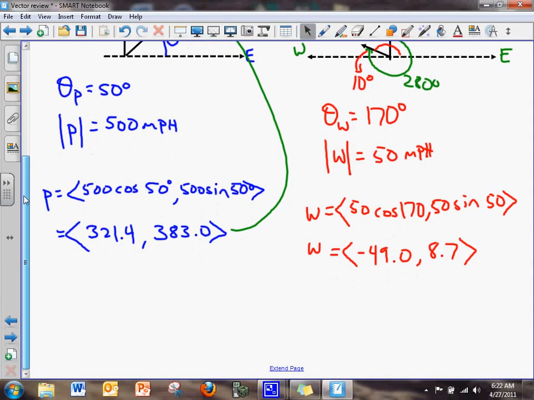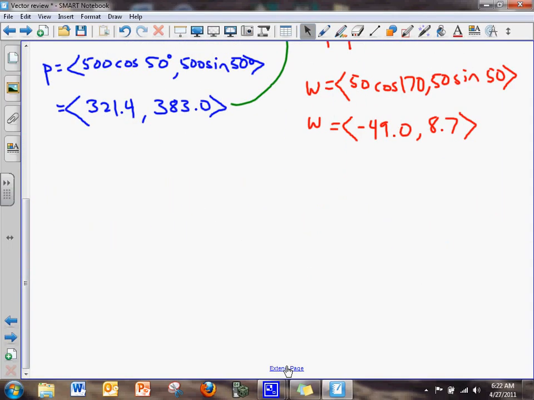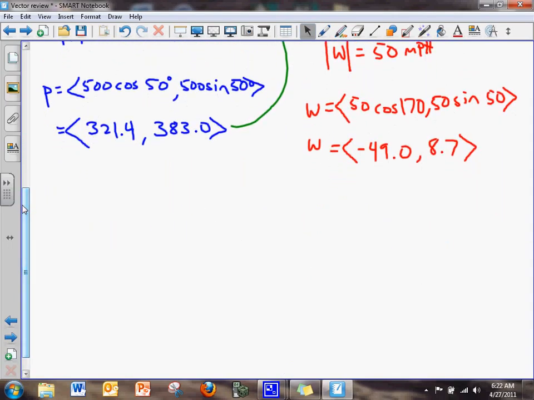Then we're going to combine the vectors to see what the component form of the plane and the wind is. Different color, let's go green. We're combining them just by adding those two vectors. Piece of cake.